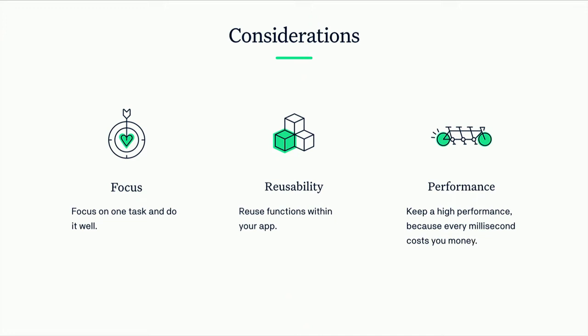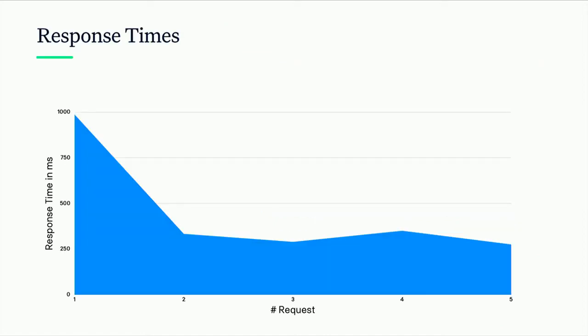Also, what you have to consider is the performance of a Lambda function itself. So you pay for the execution of your function. You pay for every 100 milliseconds, and if your function runs a lot longer, it costs you money in the end. And talking about performance, let me show you what I actually mean with that.